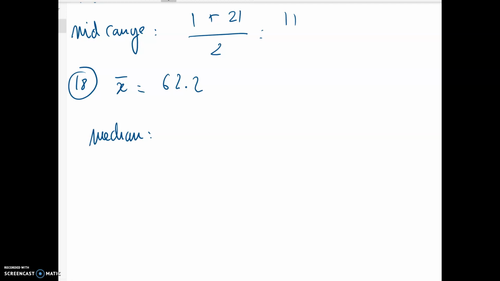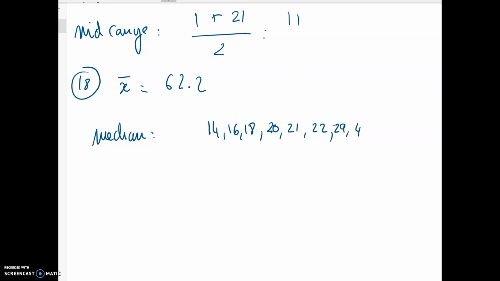For the median, I'm going to reorganize all of my numbers, and so I'm getting 14, 16, 18, 20, 21, 22, 29, 47, 50, and 385.